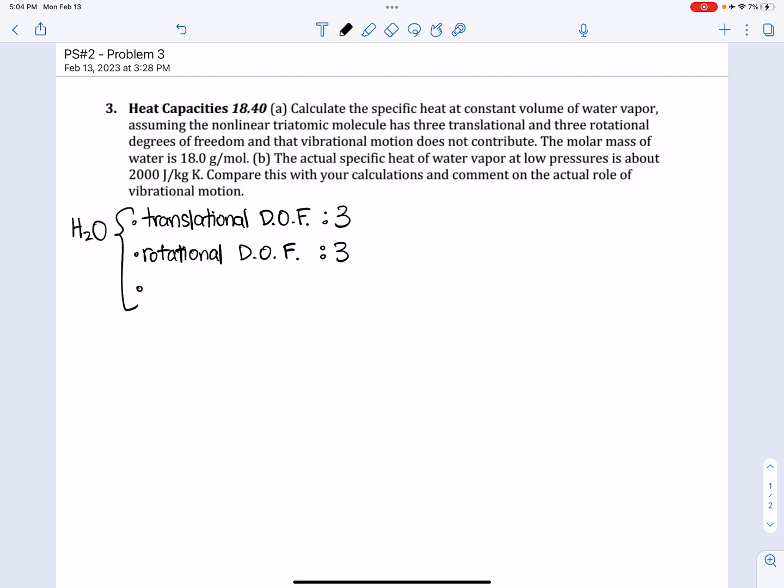And they said for vibrational degrees of freedom, in this case, vibrational motion does not contribute, so we've got 0. Okay? So in total, we've got 6 degrees of freedom in this problem. Okay, and it was also given that the molar mass was 18.0 grams per mole.